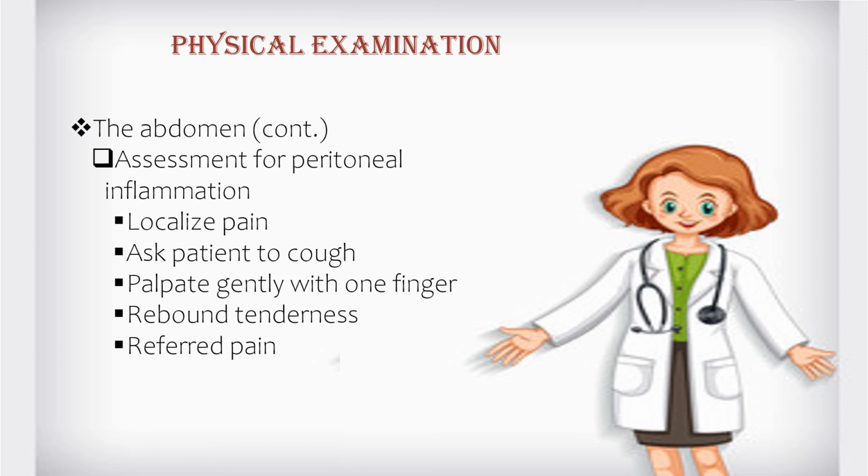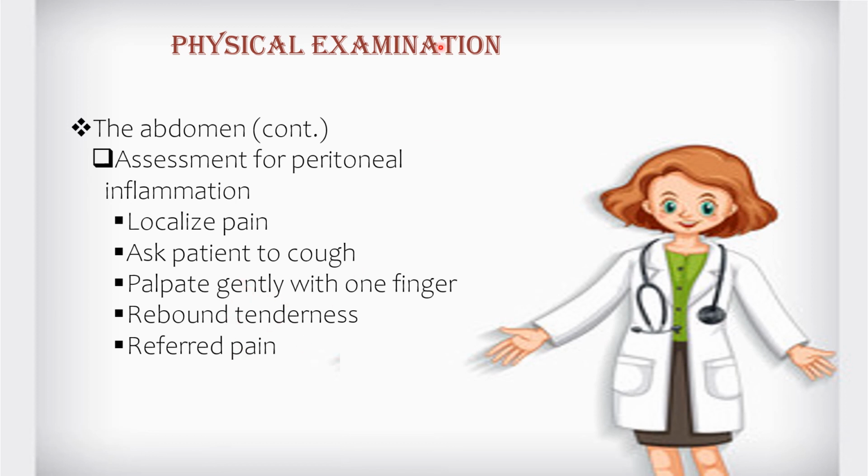To assess for peritonitis, you have to check if there is localized pain. You can ask the client to cough, okay? Signs of peritonitis include a positive cough test, guarding, rigidity, rebound tenderness, and percussion tenderness.